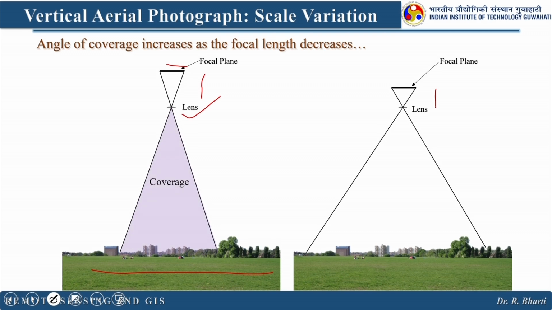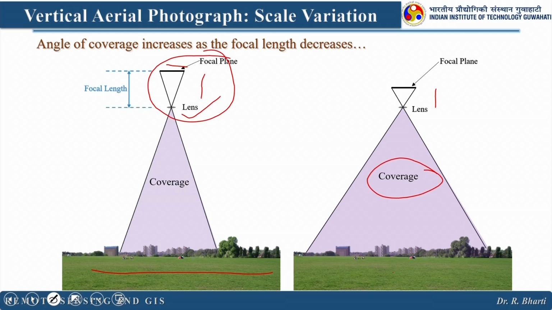The coverage of this particular setup is less, whereas this is the coverage for the same area when we have changed the focal length. So, the angle of coverage increases as the focal length decreases. I hope you have understood this.